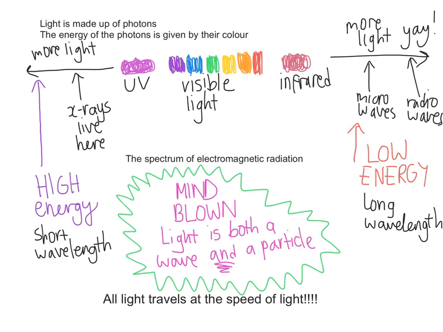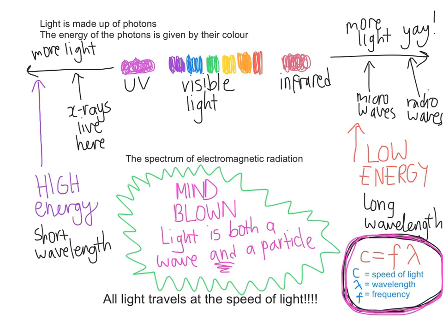Now, if light's a wave as well as a particle, its wave nature means that it has a wavelength, it also has a frequency, and the frequency multiplied by the wavelength is the speed of light. So, there you go. The speed of light, c, is equal to the wavelength multiplied by the frequency. Okay, and we've got that high energy equals short wavelength, low energy equals long wavelength.